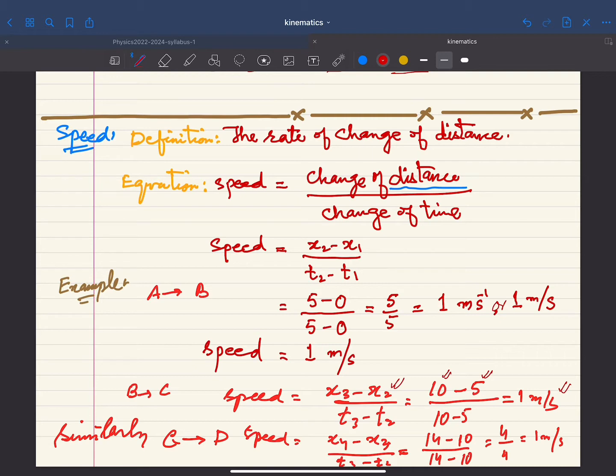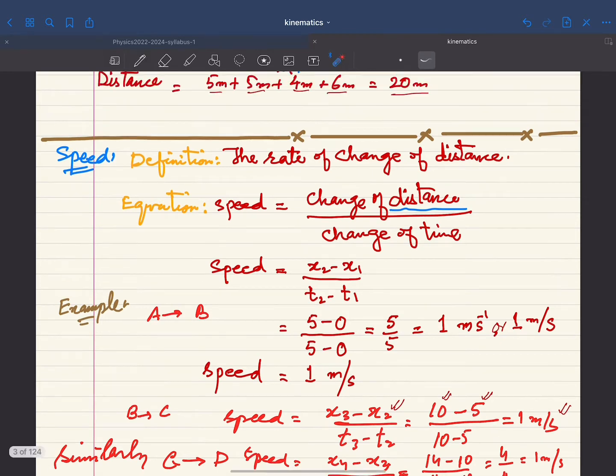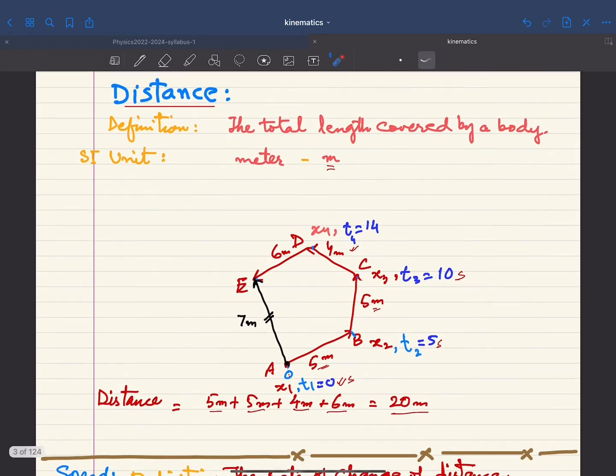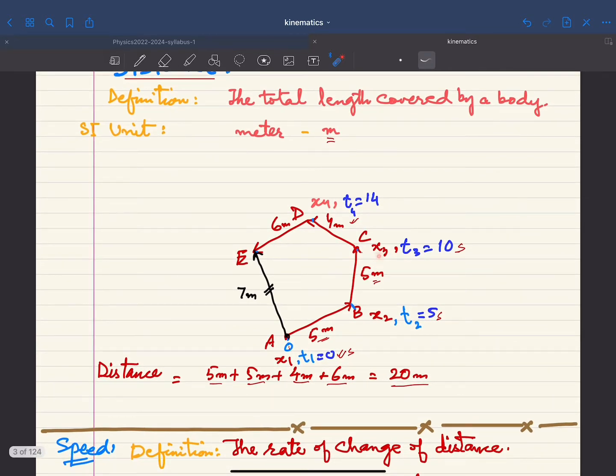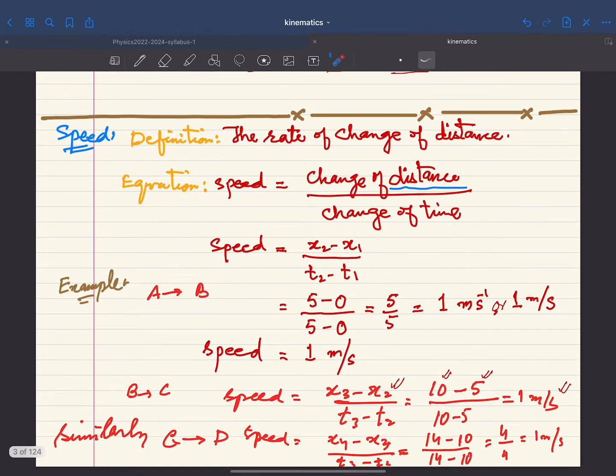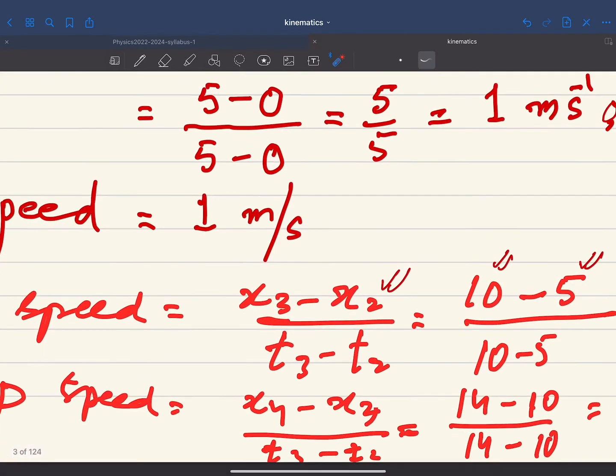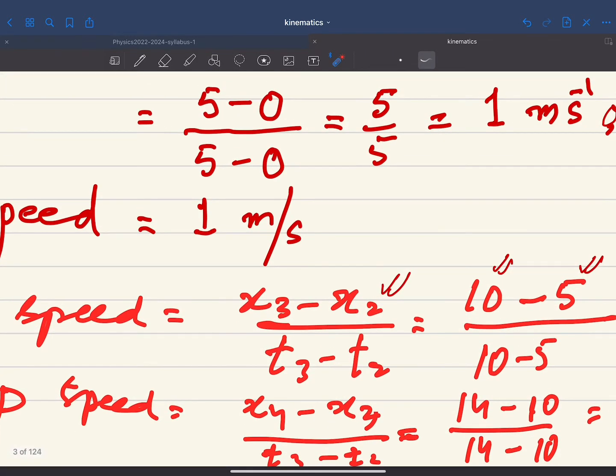Similarly, you can find the speed between point C and D. Here you have x3 and x4, so you write x4 minus x3, and of course t4 minus t3.